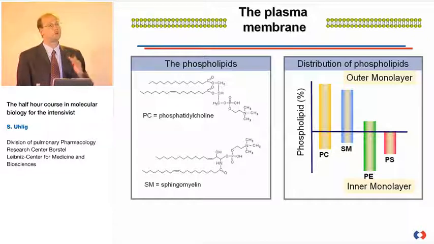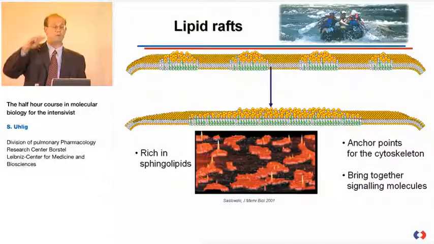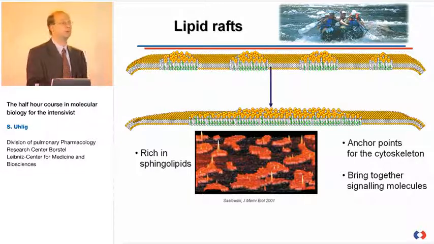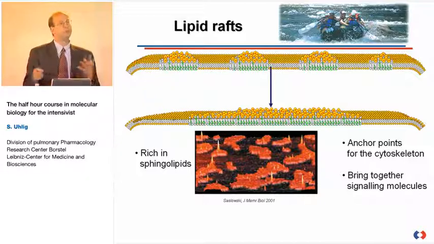So that's what we have known for some time, that we have a heterogeneity in the vertical distribution of the phospholipids. What we have recently come to understand is that there appears to be also a difference in the horizontal arrangements of the phospholipids. So there appear to be islands of phospholipids of different kinds, and these islands have been termed lipid rafts. So this is a raft, and the idea is that these lipid rafts are floating in the other lipids.